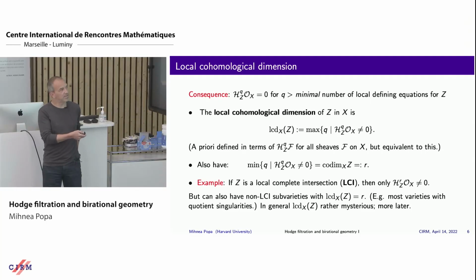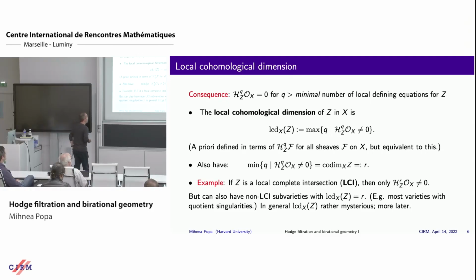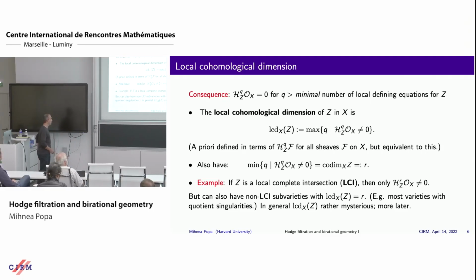So for instance, and I'll come back to this later on, you can have non-local complete intersections where the same thing happens. I'll address varieties with quotient singularities later on. And so, this is a rather mysterious invariant. So for now, all I wanted to say is that we have local cohomology sheaves, they have D-module structure, and they live in this range that we said. Okay?